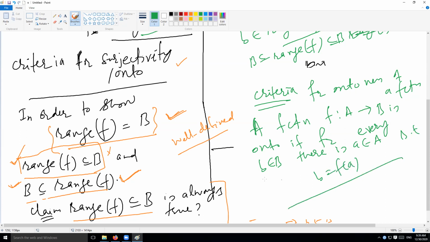If for a function you can prove this, your function is onto. So in order to prove a function onto, pick an arbitrary element from codomain, and for this arbitrary element, try to find an element from domain such that b equals f of a.